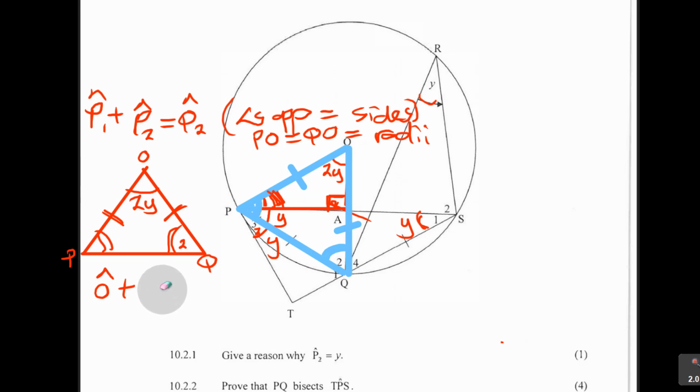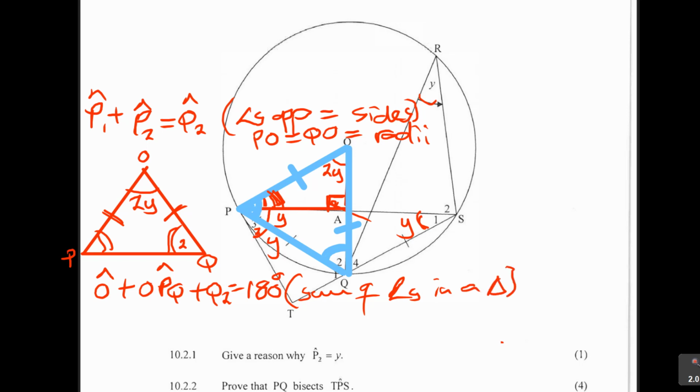So if I say angle O, and then I've got P, and then I've got Q, plus angle Q2, what must that give me? It must give me 180 degrees. These are the sum of angles in a triangle. You agree with me? But I know what my O is.